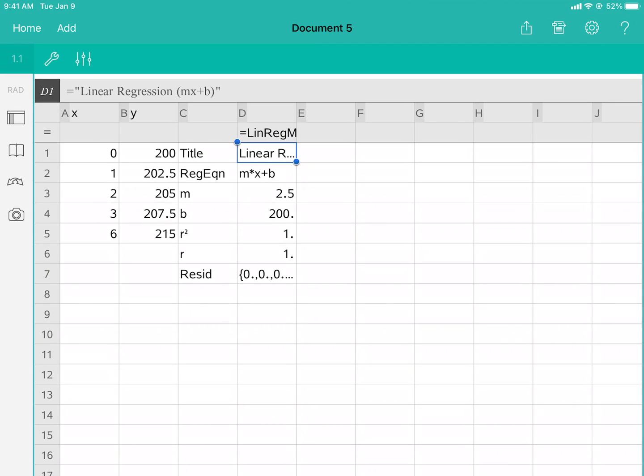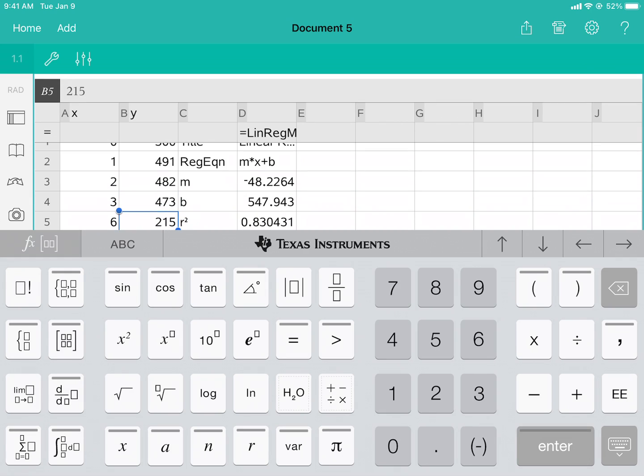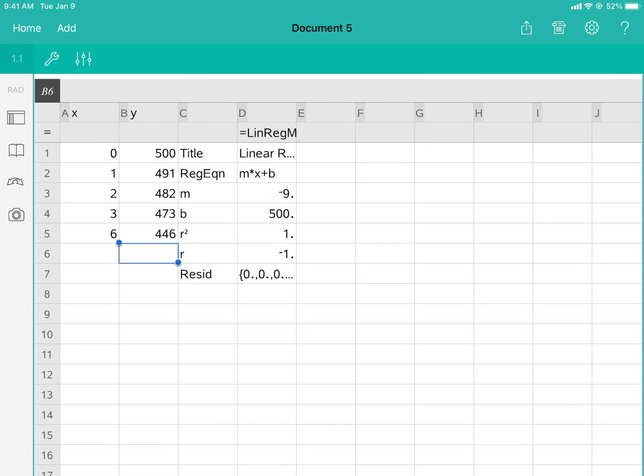Then I'm going to go back and I'm going to change just the y values to what would work for Jackson. So Jackson started with 500, 491, 482, 473, and 446. So as I did that, it automatically updated. So my M for this is -9, and the B is 500.